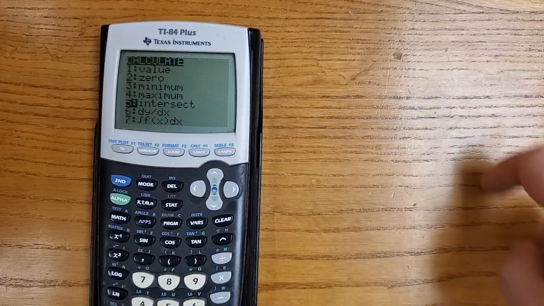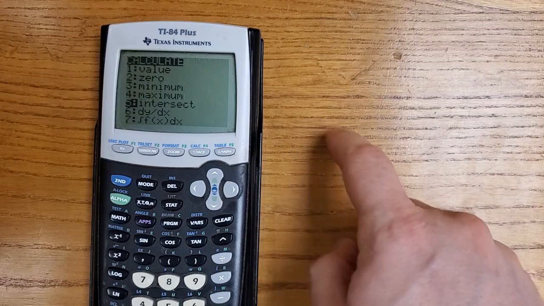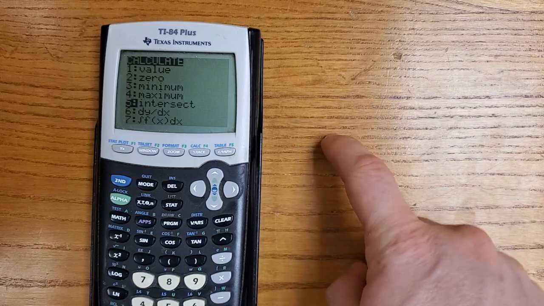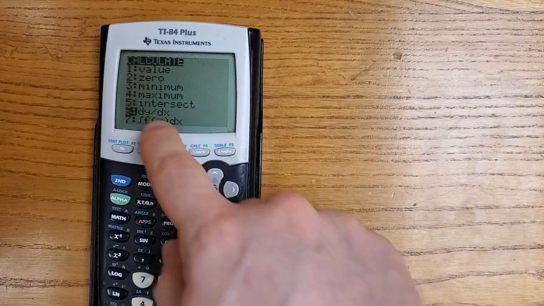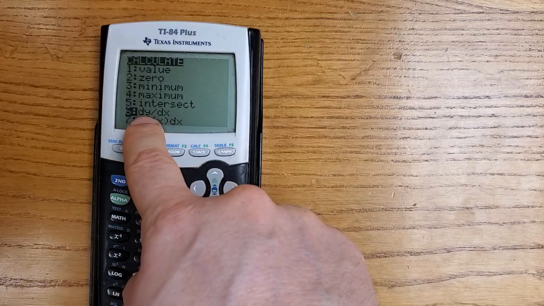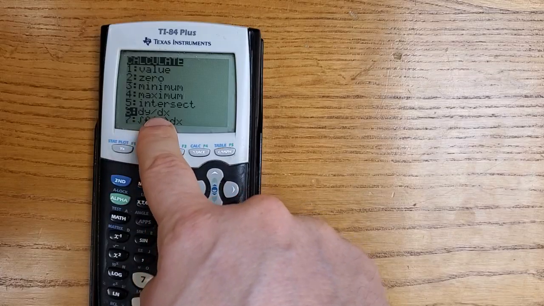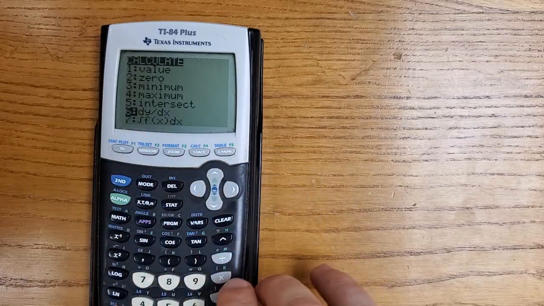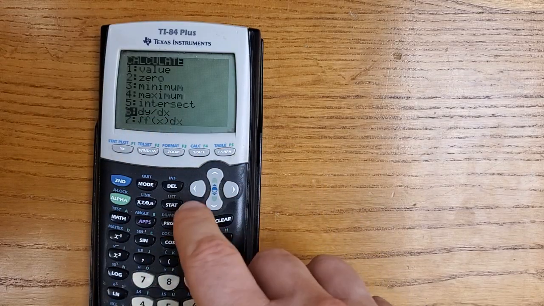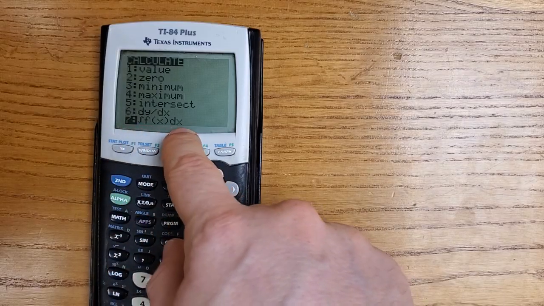Sometimes the functions cross in multiple places, so put the cursor next to the one that you want to know about. And then you have the derivative, and that will find you the numerical derivative at a certain x value that you tell it to, and you can arrow back and forth to get there, or you can just type it in. And then that one is the definite integral.